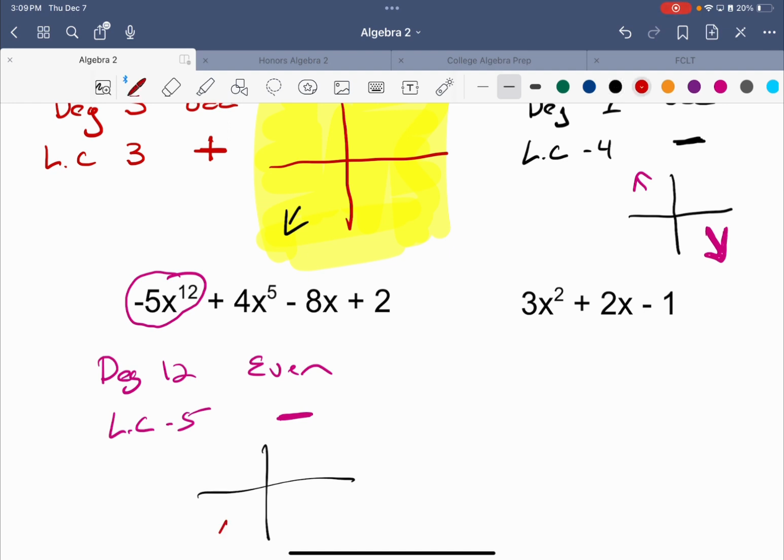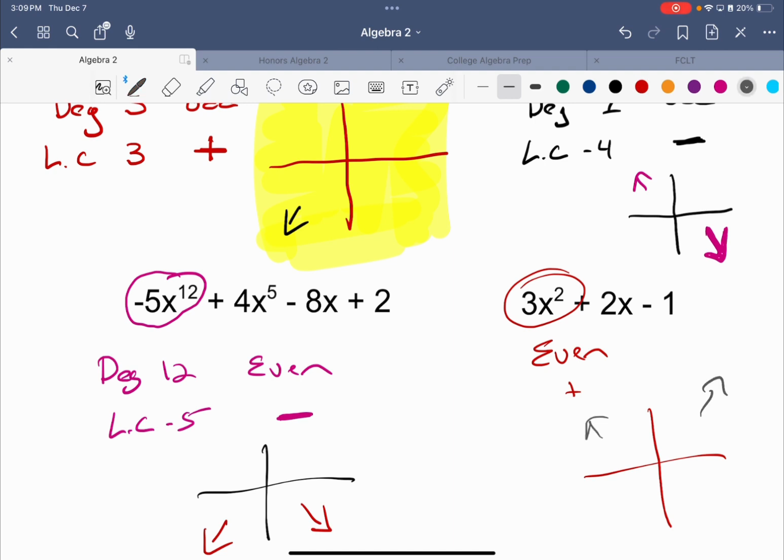Even and negative is 3 and 4. And the last one, 3x squared. Degree is 2, which is even. 3 is a positive number. Even and positive is 1 and 2.